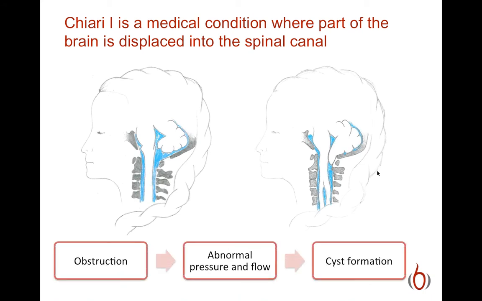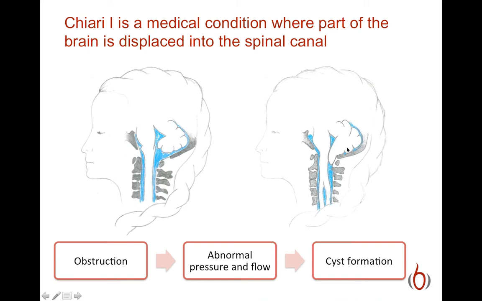So our interest in Chiari started some years ago. It was, I think, in 2007 or 2008, when Vic Haughton came to us and explained what Chiari was all about. On the left-hand side here you see a healthy person, and here you have the Chiari patient.